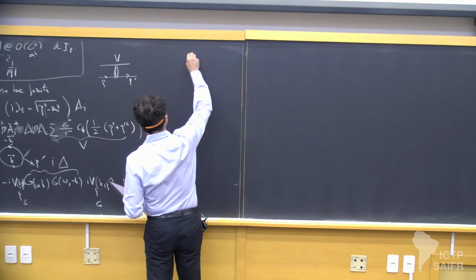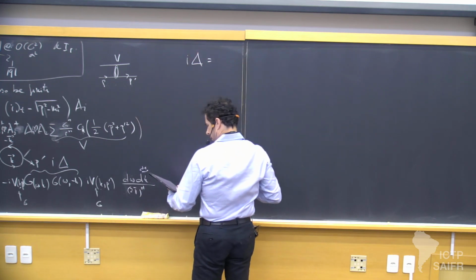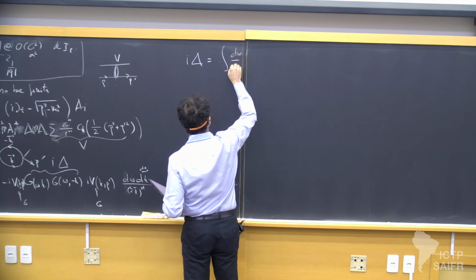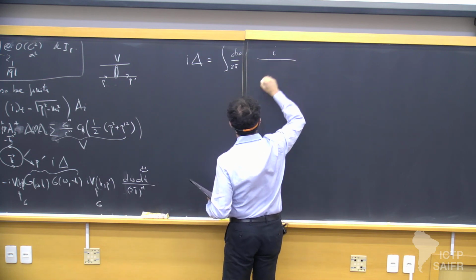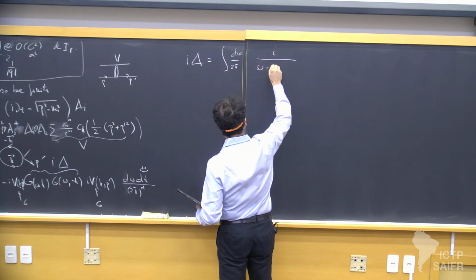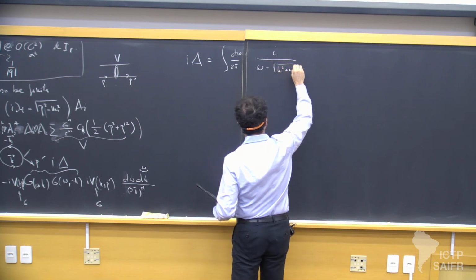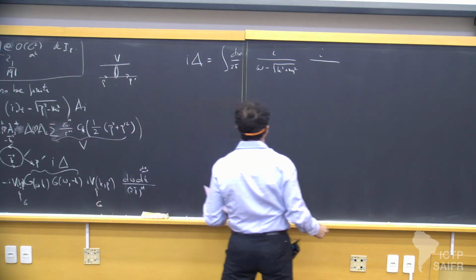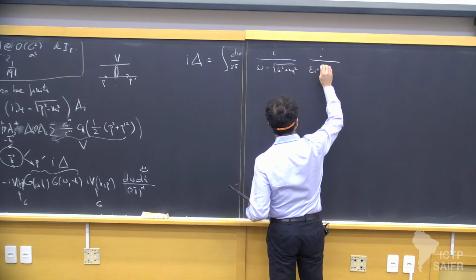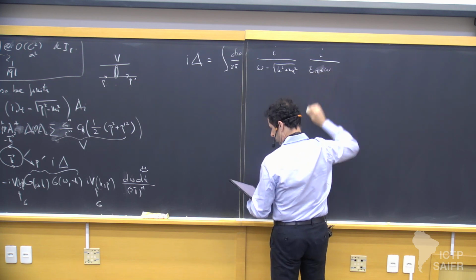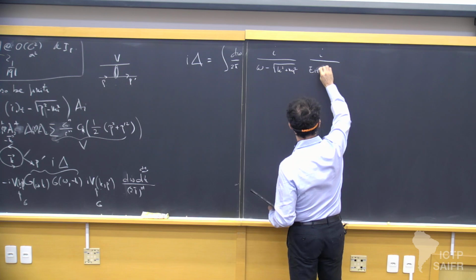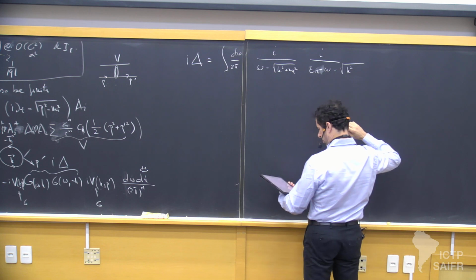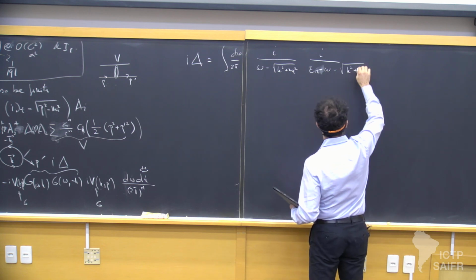I define this to be the integral d omega over 2 pi of i divided by omega minus square root of k square plus m1 square. And this is one propagator that comes out of this. And then E1,2 minus omega, minus square root of k square plus m2 square.